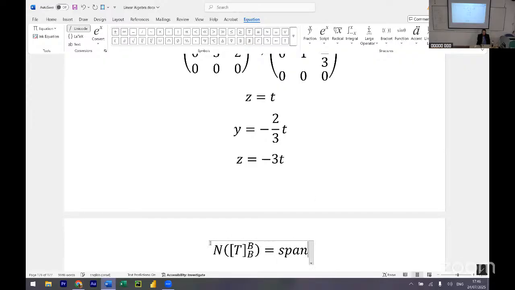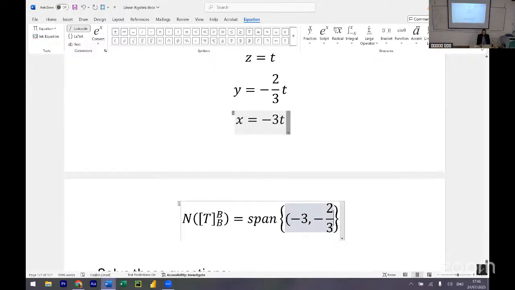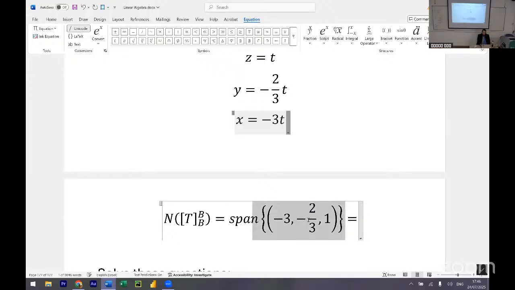the span of, that's X, not C. So it's -3, -2/3, and 1, which I will multiply by 3.